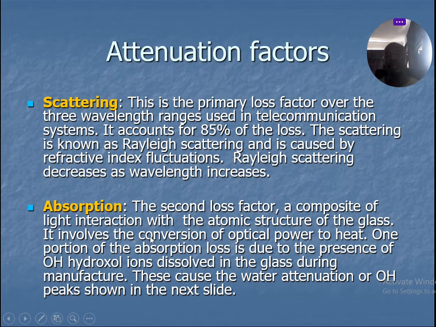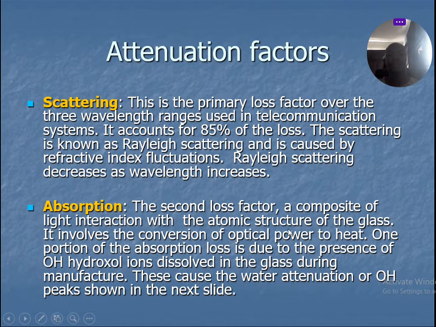You are propagating light across the core part of the optical fiber. Now, this light interacts with the glass, the nature of the material, the glass material that was used in making the core and the cladding part of the optical fiber.